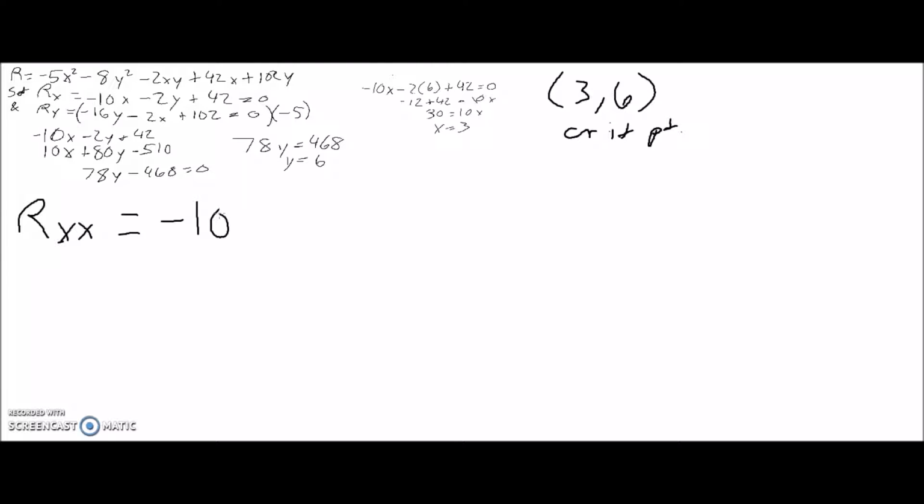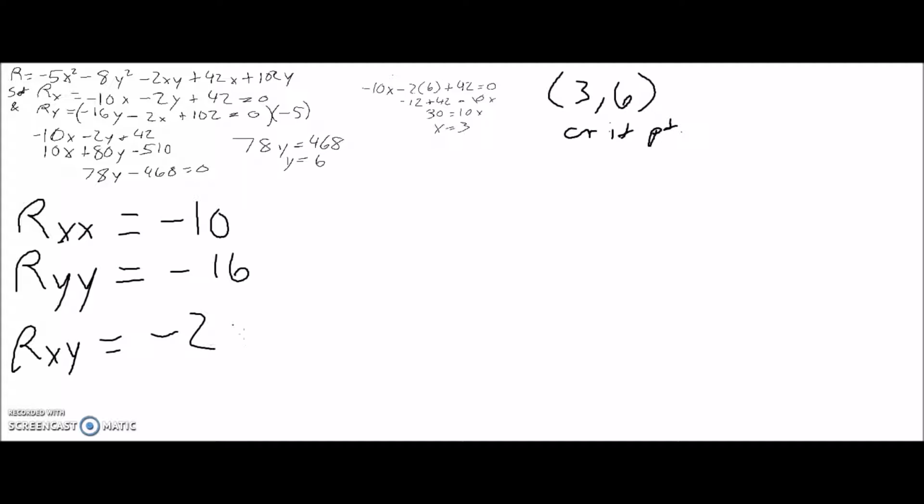The negative 2y is a constant, so it goes away, and the 42 is a constant, so it goes away. Then R sub yy is negative 16. The negative 2x and the 102 are also constants, so they go away. When we do R sub xy, the negative 10x goes away, the negative 2 comes down, and the 42 is a constant, so it goes away.